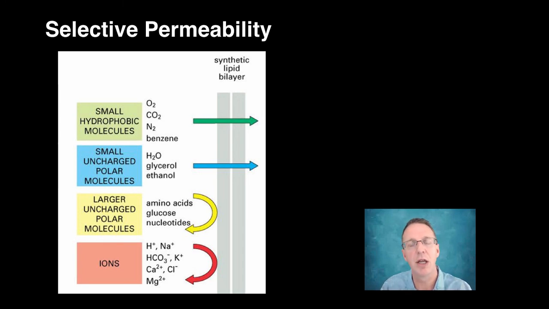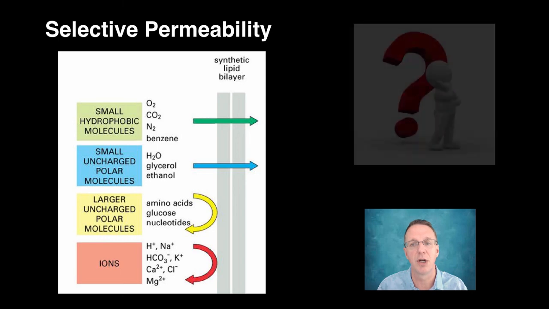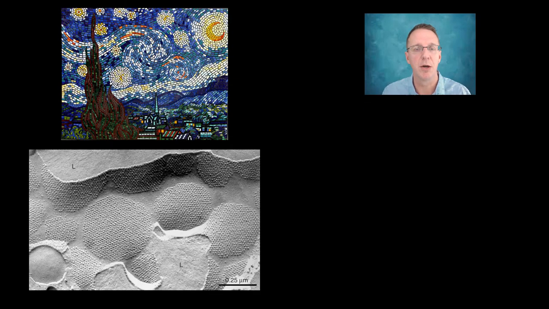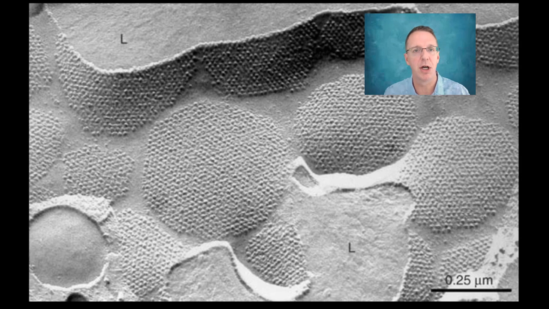So the question then should be asked, cells need glucose, they need ions, how in the world do these things get across the membrane? This brings us to the mosaic part of the fluid mosaic model. Just like a traditional mosaic shown above here, the membrane, if you look at it under an electron microscope, will give the appearance of a mosaic simply because of the number of membrane proteins that are stuck in the membrane.